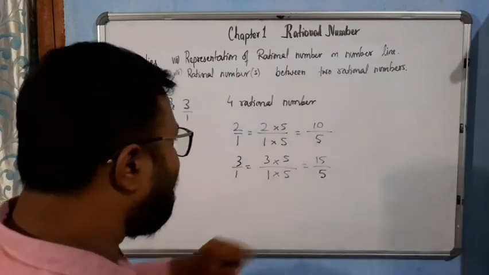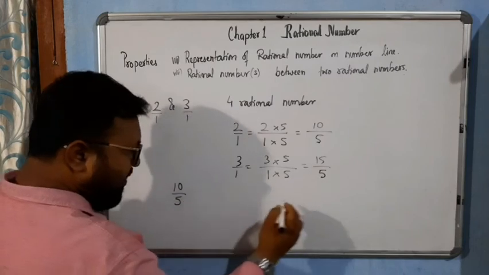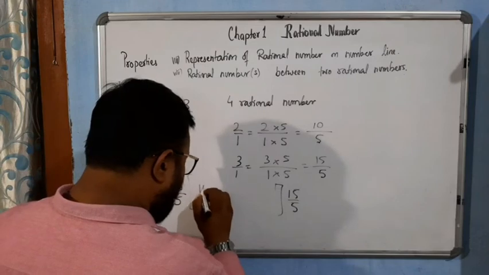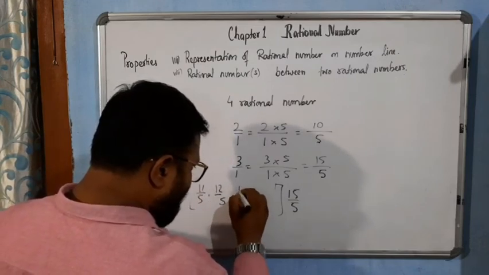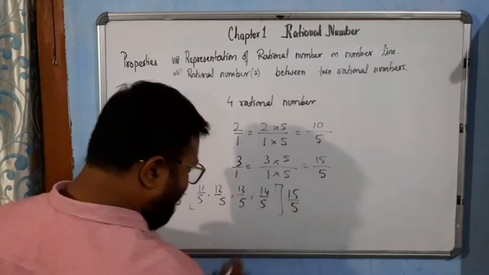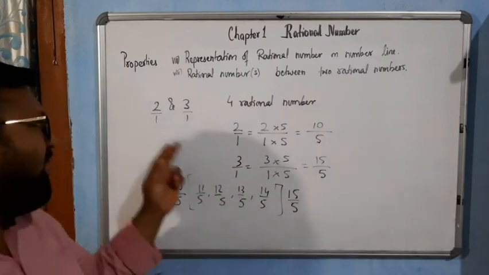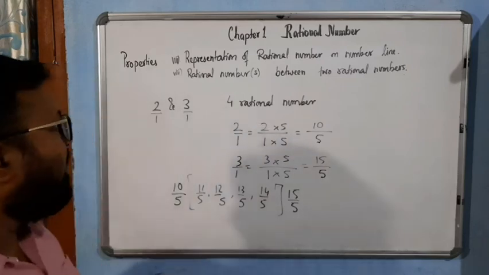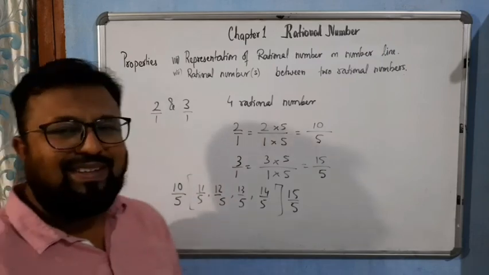So in between 10 by 5 and 15 by 5, we will have 11 by 5, 12 by 5, 13 by 5 and 14 by 5. See, exactly we have 4 rational numbers between 2 and 3. So I hope you have understood this one also very nicely. I think whatever question comes, you can do it by yourself. Thank you.